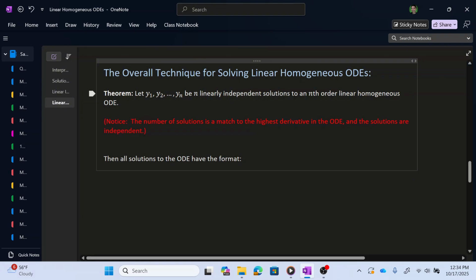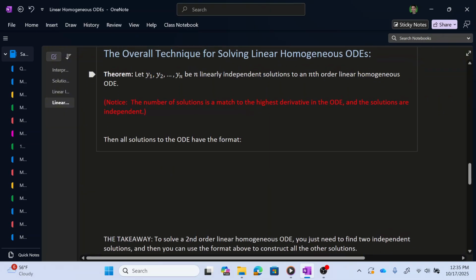If you have a number of solutions that is equal to the order of your equation, and if all of those solutions are meaningfully different from each other, if there's no redundancy in this collection, if all those solutions are independent, then the following statement is true.